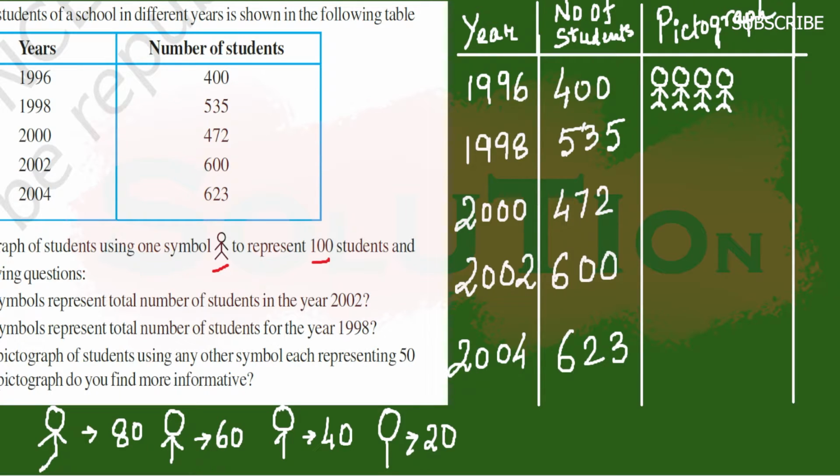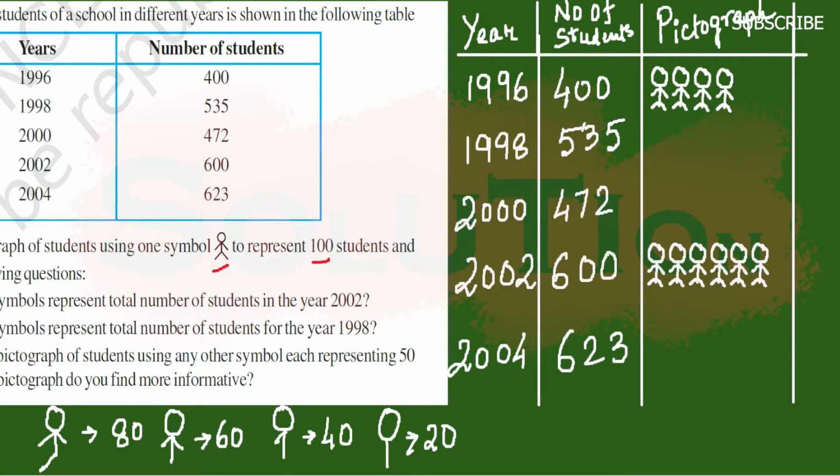Let us go to 600. It will be easy for us. Yes, this is our 600. One man, 100. Now we can convert 535, 472, 623 to the nearest tens. It will be easy for us to convert it then.